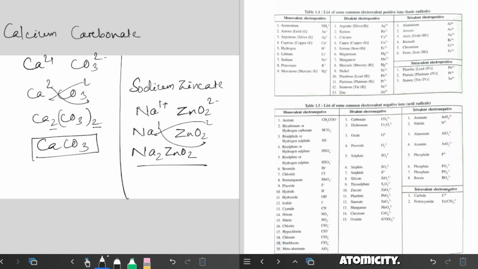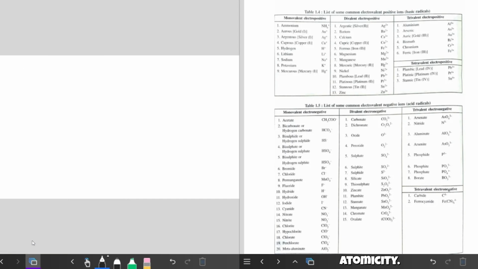Okay, thank you students. We'll be discussing the next part, that is how to find out molecular mass or molecular weight. To understand this, let me tell you what is relative atomic or molecular mass.